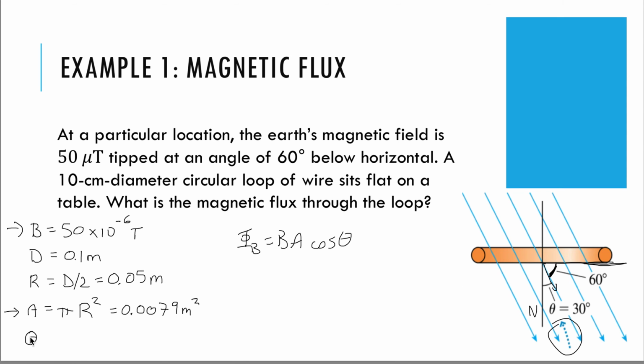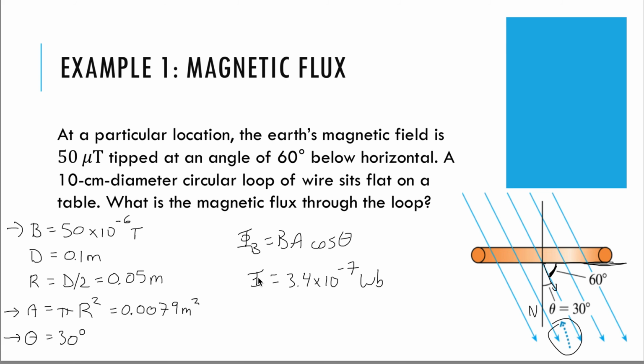So theta is 30 degrees. And now we can plug and chug our field, our area, and cosine of our angle. And when we do that, we get 3.4 times 10 to the negative 7 Weber.